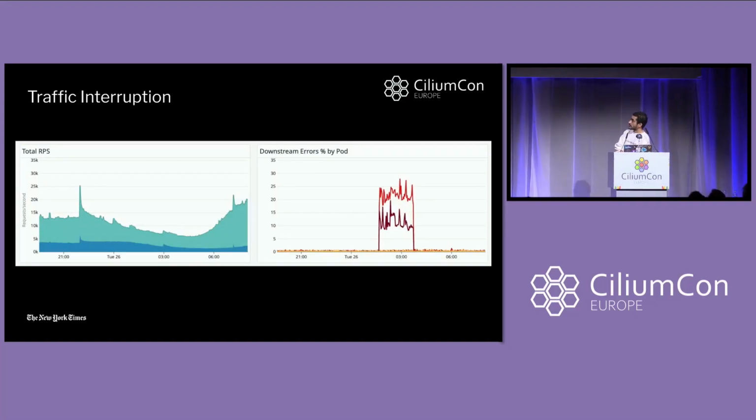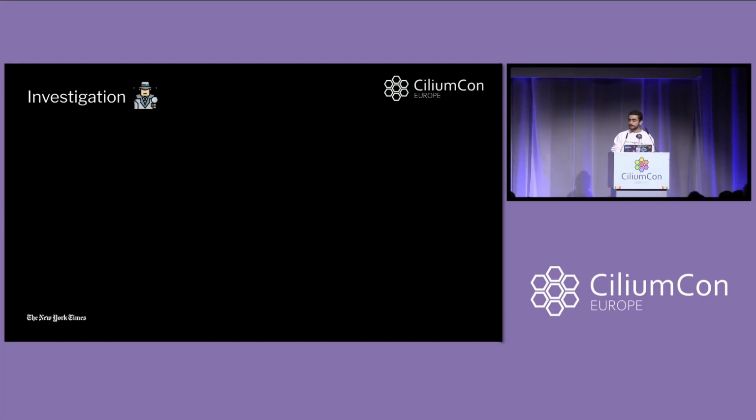You can see traffic is still coming, but something is happening and we can't understand what it is. We looked through it, and it seems like one of the pods is not working for Envoy. We can't blame Envoy for sure, but we aren't sure. So we removed the pod, everything worked, and we moved forward. But we weren't sure what exactly the problem was, so we started to investigate.